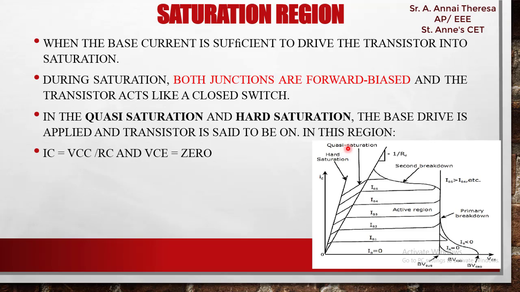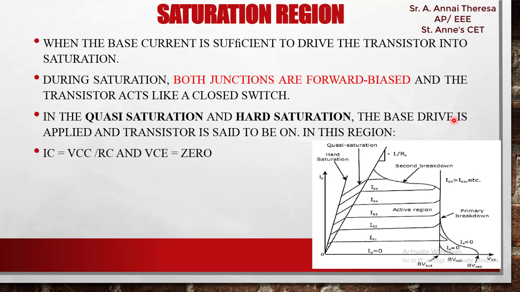First one is quasi saturation region. This region is between hard saturation and active region. This region exists due to the lightly doped drift layer. When the BJT operates at high frequency, it is operated in this region.